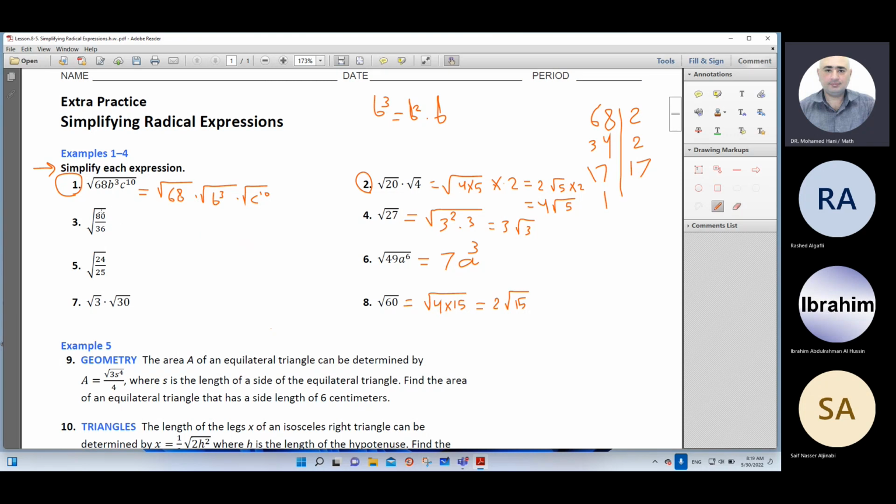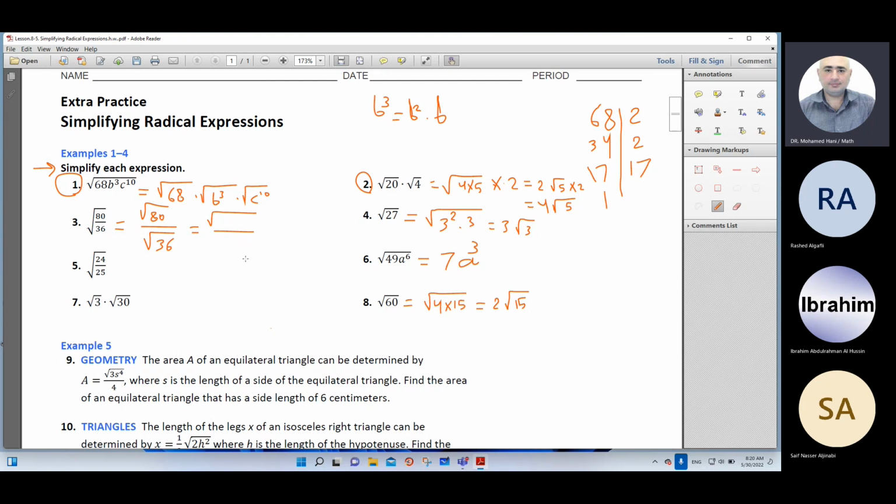If you have a square root of a fraction, the first idea is to distribute the root to the numerator and denominator. So you can write square root of 80 over square root of 36. Then simplify square root of 80.